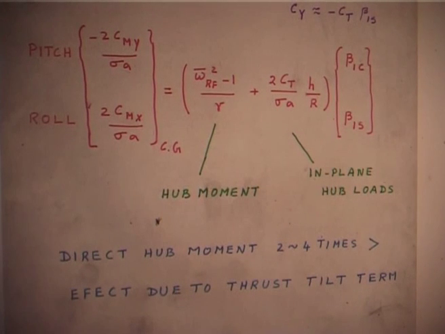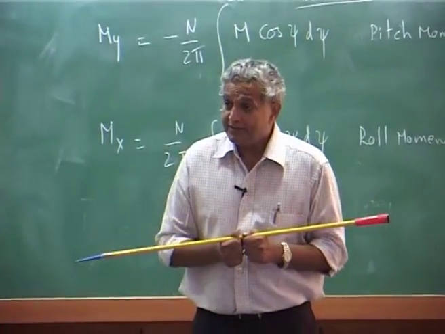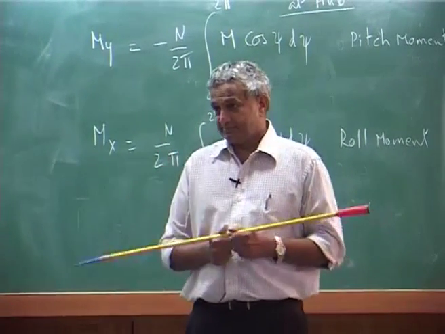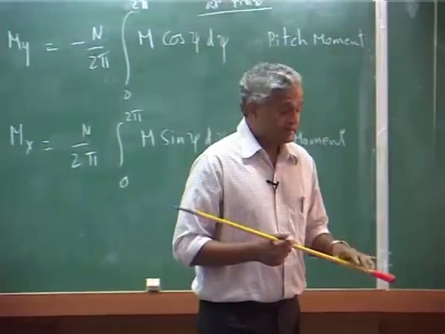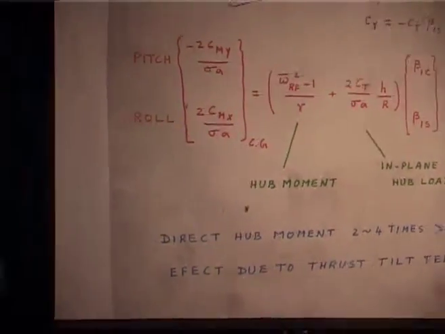When he goes 0 G, 0 G means 0 thrust. That means he cannot generate any moment, so he will lose control over the vehicle. That is why with helicopters, particularly the two bladed where it is centrally hinged, you do not have any moment. You do not fly low G because you do not have the moment. That is why they try to put some spring to increase the control.